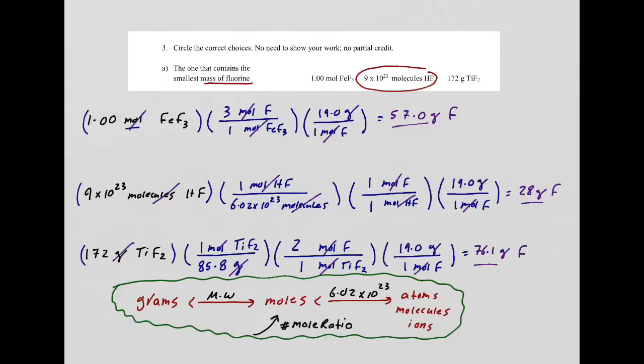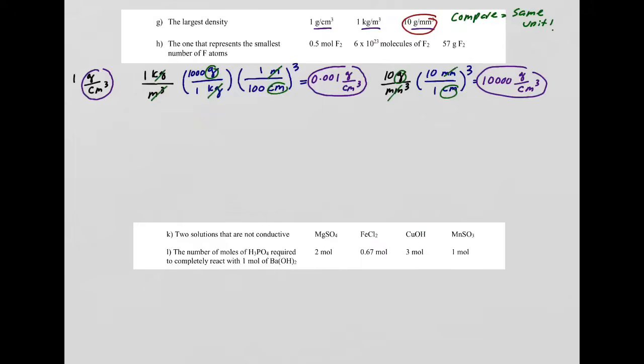Over here, we had to convert everything to mass of fluorine, compare, and then pick the smallest mass of fluorine. Exactly the same thing here. We're going to get more practice. So to pick the smallest number of F atoms, we have to convert everything to F atoms and then pick the smallest one.